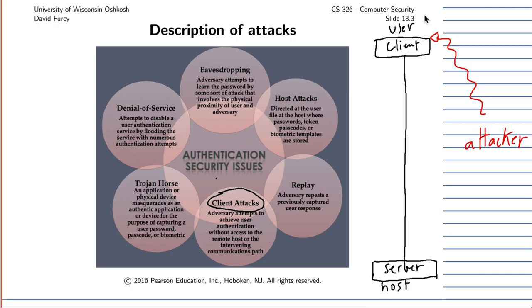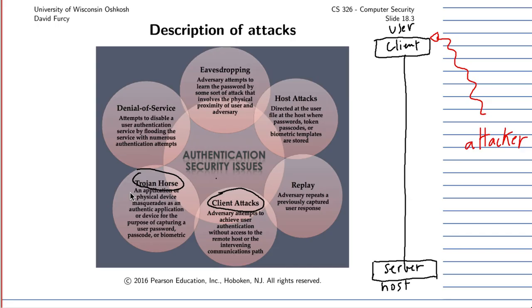Another kind of attack that also typically targets the client side would be a Trojan horse. A Trojan horse is any kind of hardware or software system that looks like the authentic hardware or software system that the user would use, but is actually performing extra actions above and beyond what the original authentic system is supposed to do.